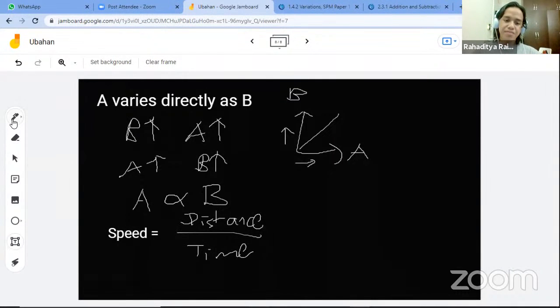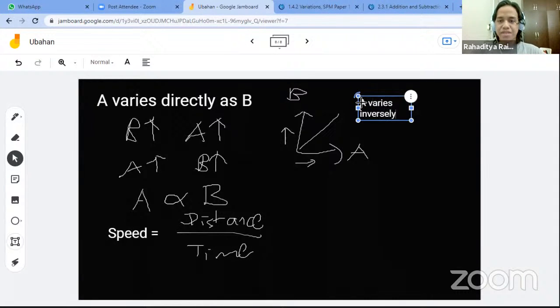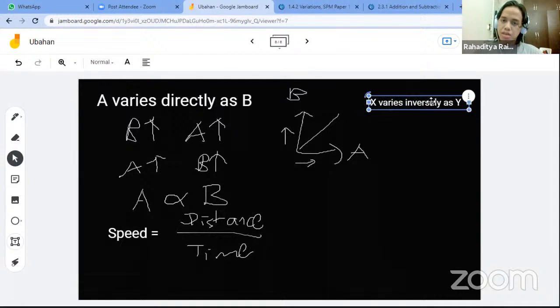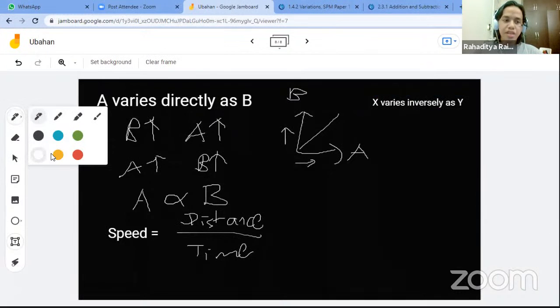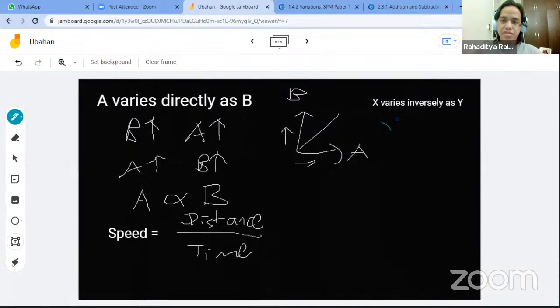Now, there's also another version of variation that you've already studied as well, which is A varies inversely as B. Well, actually no, let's say we take X varies inversely as Y. You have studied this in the past few weeks, and I presume you have studied this in school already.